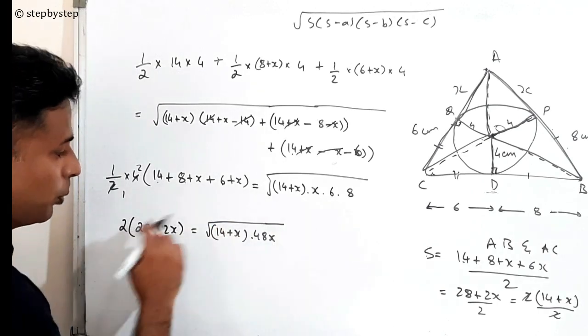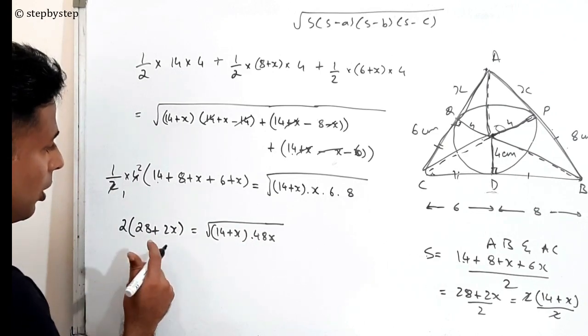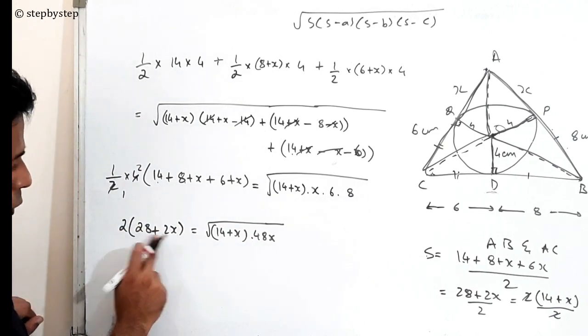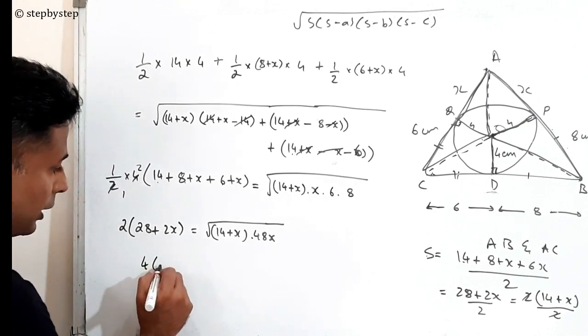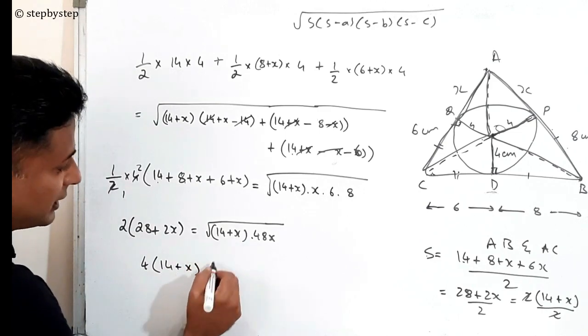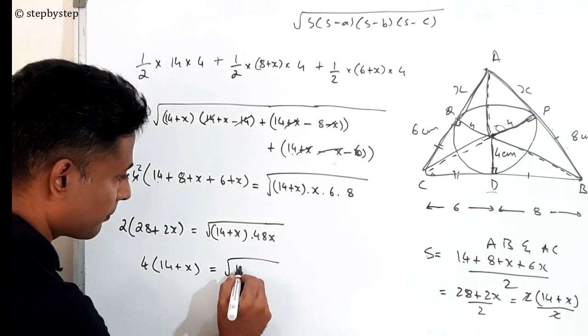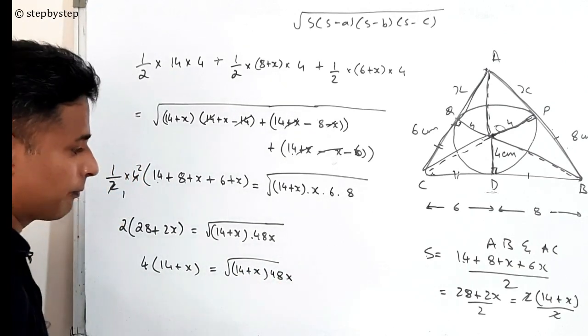How? I have to square on both sides. Or rather, wait, I can take 2 common from here again. So it becomes 2 into 2, 4, and this becomes 14 plus x. This remains like this, (14 plus x) into 48x.